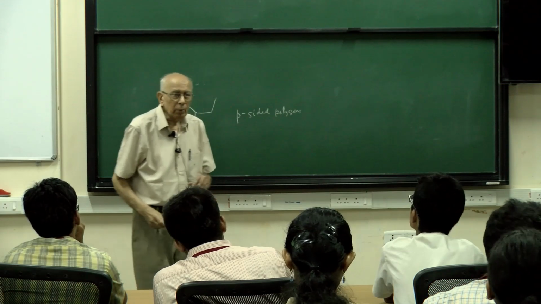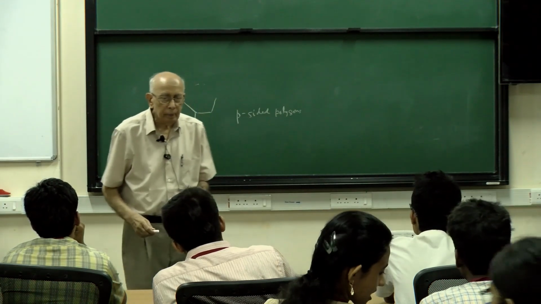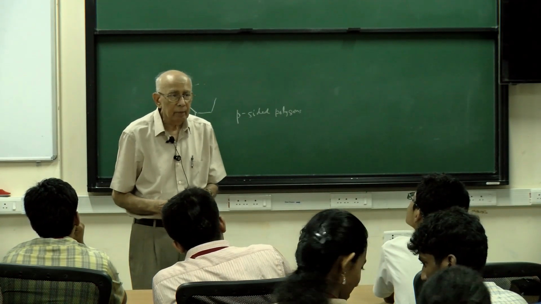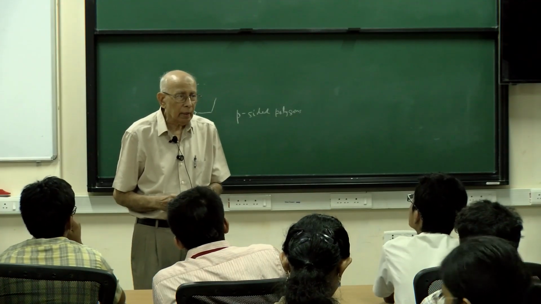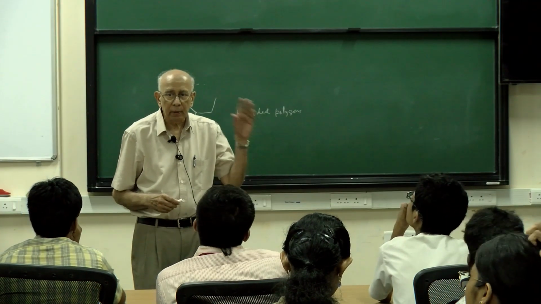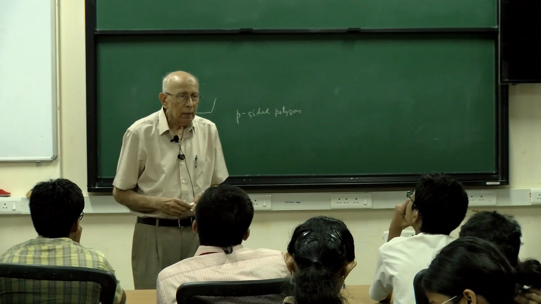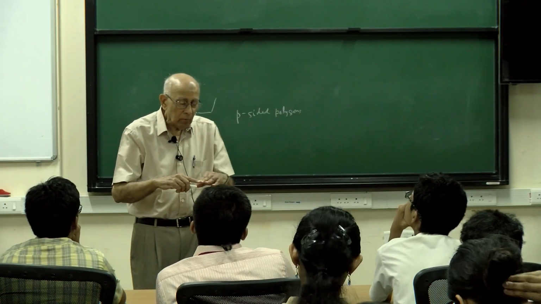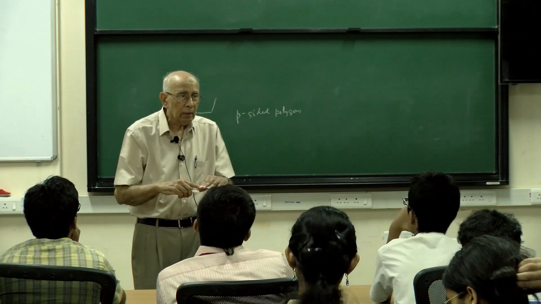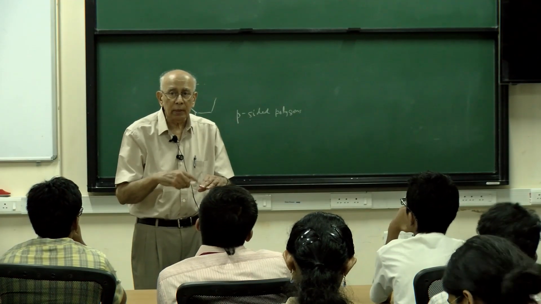Let's suppose that the regular polygon has p sides and p, the least value is 3. You have equilateral triangles, and then you have 4, 5, 6, 7, and 8, etc. And let's put them round a vertex without overlap or without gaps. And let's suppose there are q polygons around each vertex.